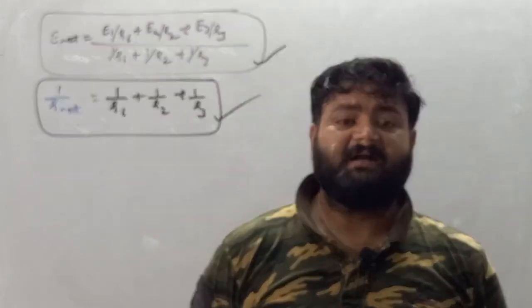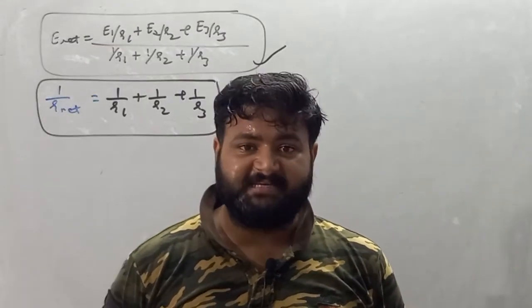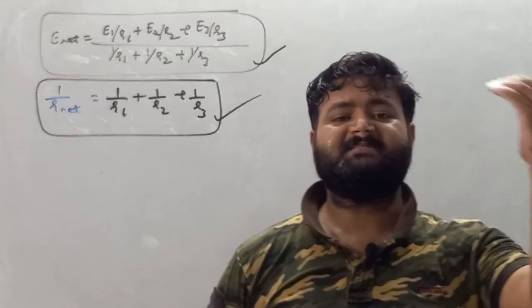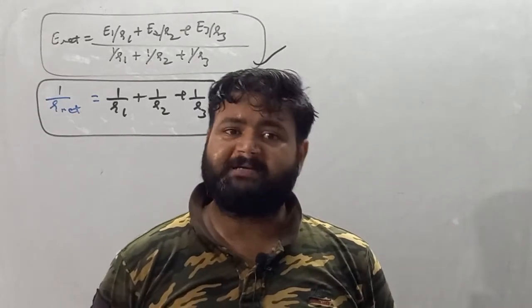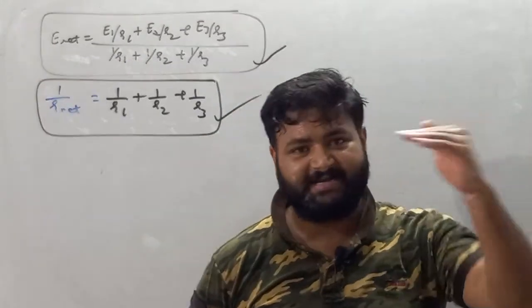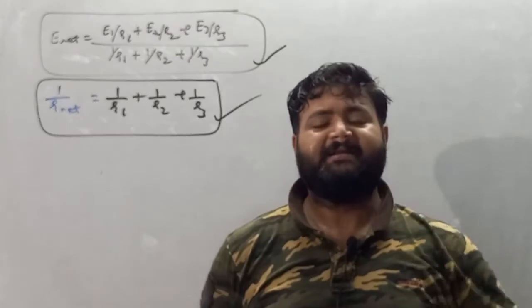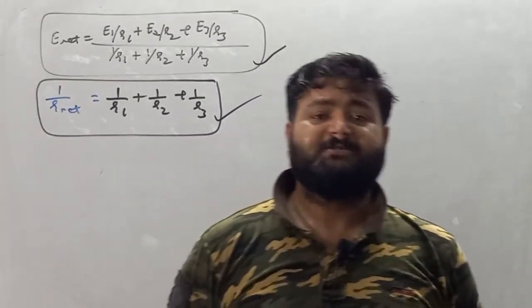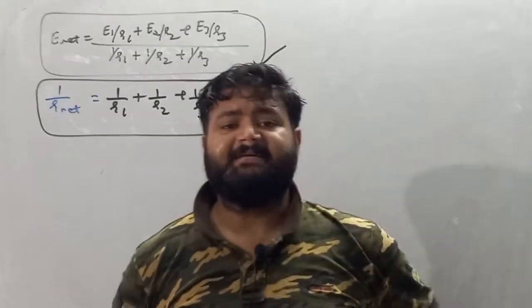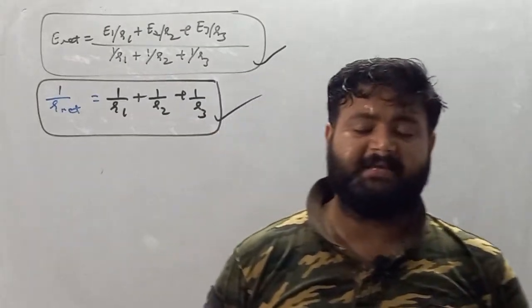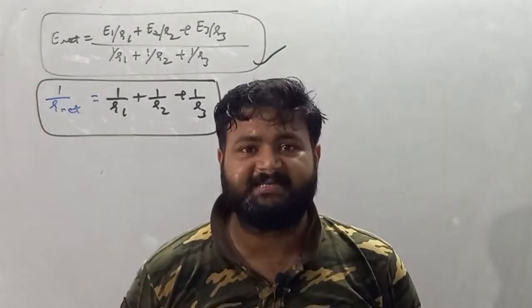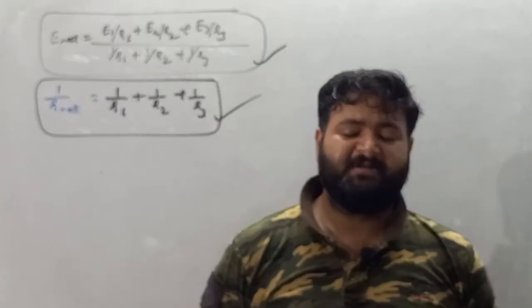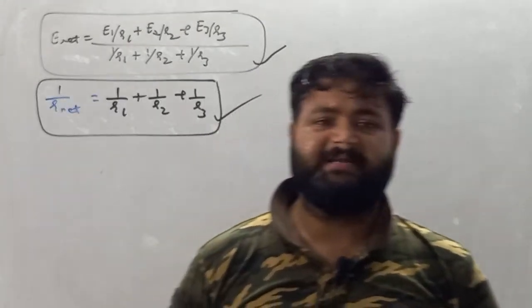If you are connecting the resistors in series, then the net resistance of the circuit increases. But if the same resistors are connected in parallel, then net resistance is decreasing. So we will see that in series combination of batteries, net EMF is increasing, but along with net EMF, resistance is also increasing.